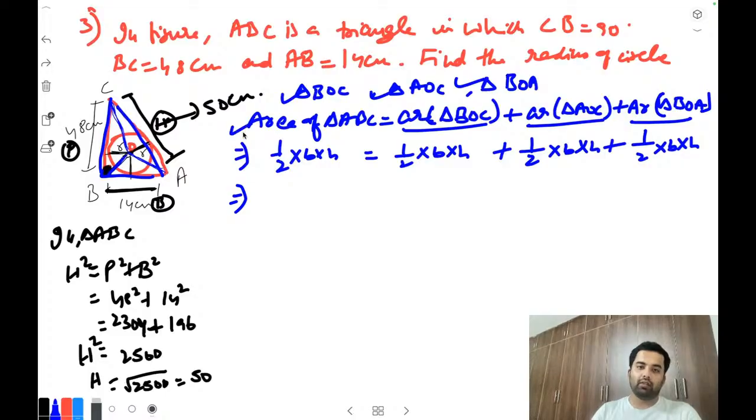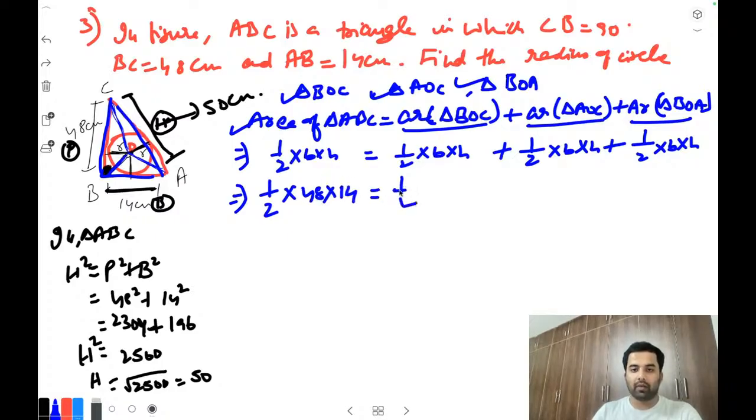For area of ABC, we know the base value is 14. Height value is 48. Wait, let me erase it. Base value, just keep it 48 into 14. Here 1 by 2 into base into height.